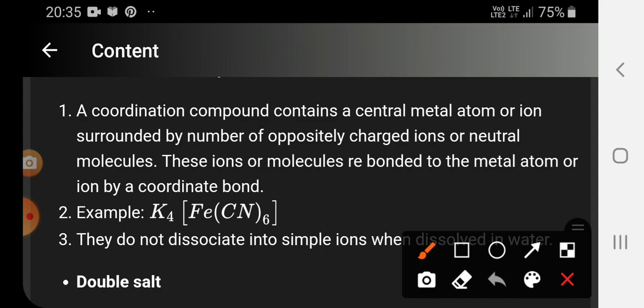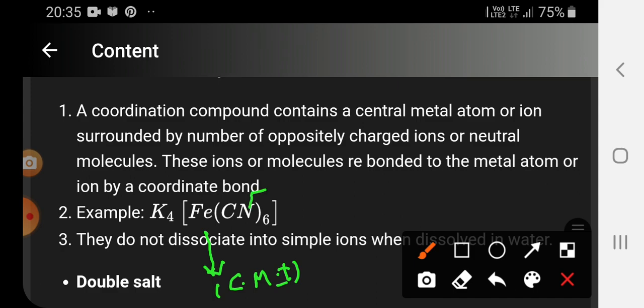In the given compound, the Fe is the central metal ion, and this Fe is surrounded by negatively charged CN molecular ions.